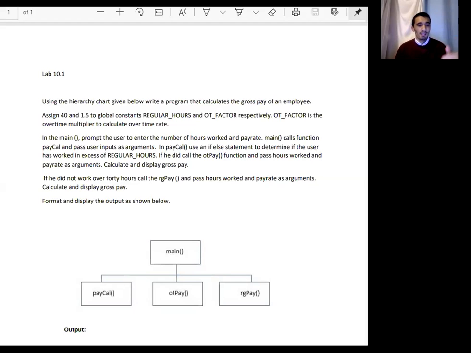You guys could pause it and read it through. But all it's saying is define a function, which is main, and within that function, you will call on 3 other functions, if I'm using the right terminology.